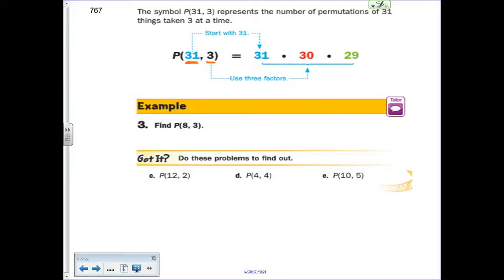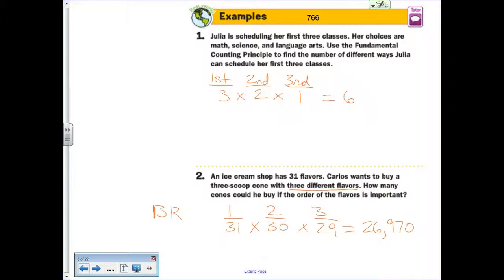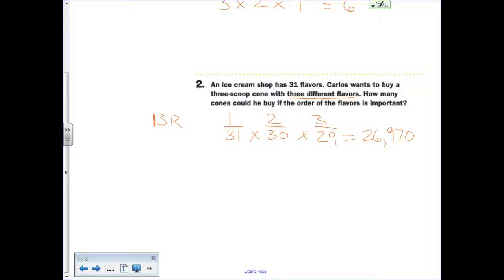So if I go back to the example I just did, I should be saying permutate 31 flavors of ice cream 3 at a time. And then I would have written this correctly.